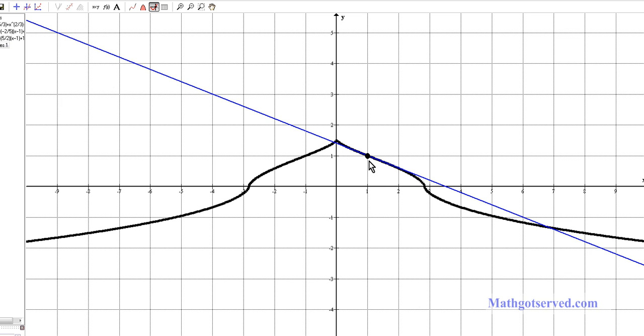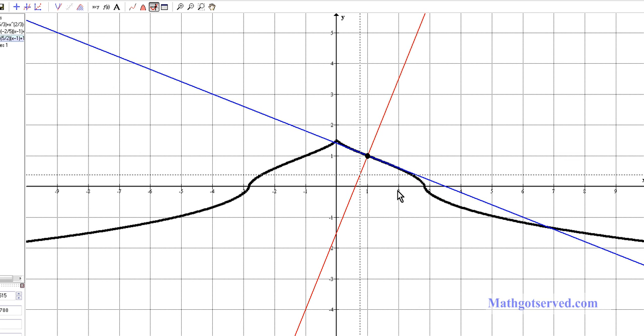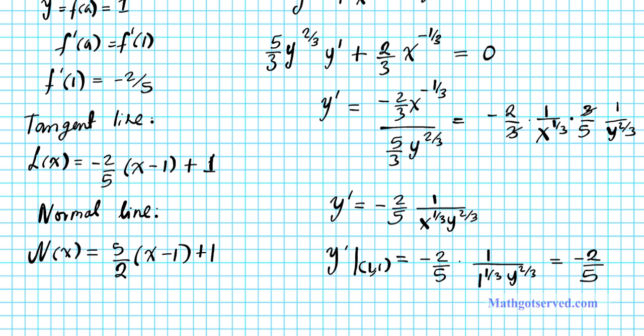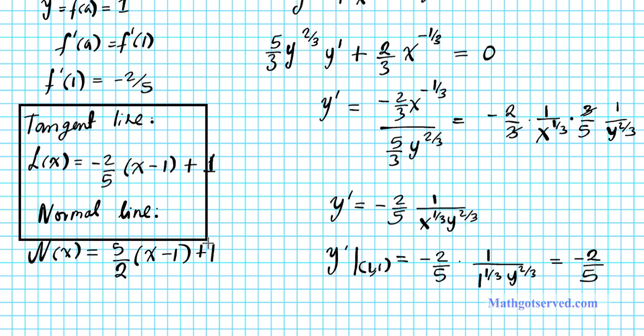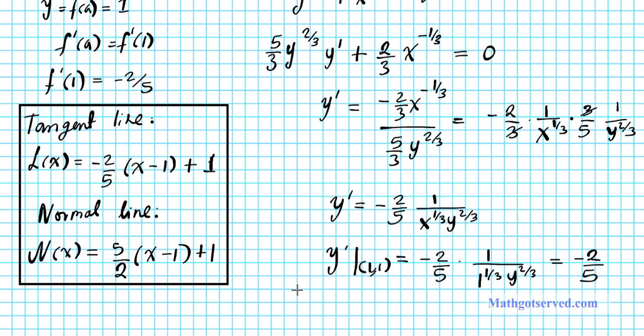This is the graph of the normal line, and we can see that it is in fact perpendicular to your tangent line. So we now have a graphical confirmation that our answers are in fact correct. Let's go ahead and box our answers, and we can advance to the next problems.